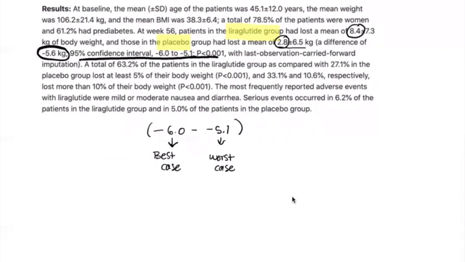So we see 8.4 and 2.8, and the difference is even given here between 8.4 and 2.8 is 5.6. So that means that on average, patients in the liraglutide group lost 5.6 more kilograms than patients in the placebo group. So what does this 95% confidence interval really mean?